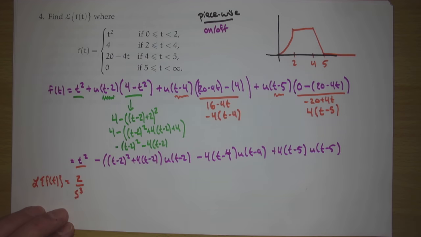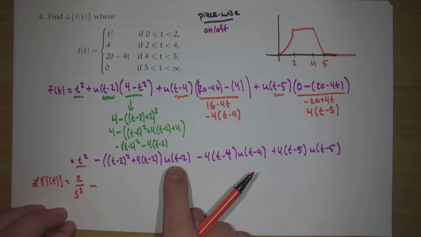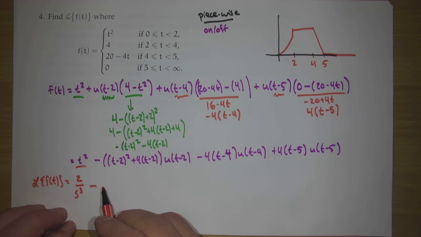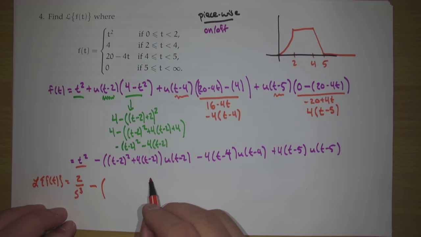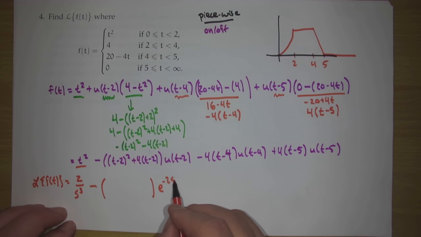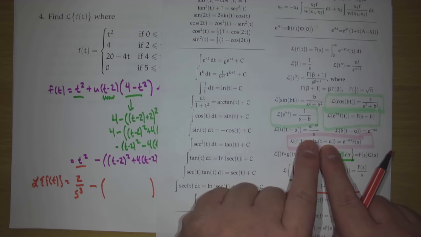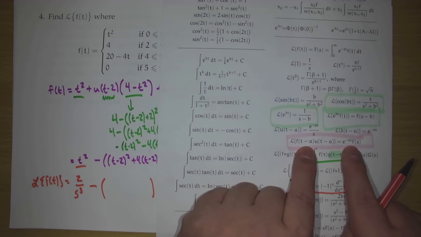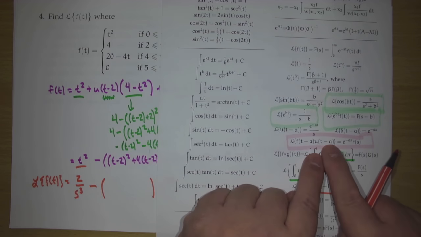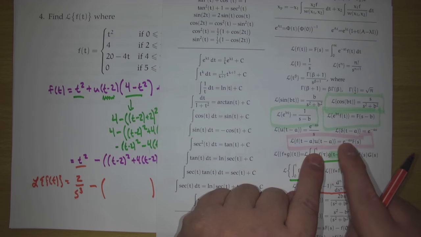So 2 over s cubed, minus, the u of t minus 2 tells us we're going to have an e to the minus 2s. So we're coming back to our rule. If we ever have u of t minus a times f of t minus a, we're going to have an e to the minus as. So the minus 2 inside the u of t minus 2 matches that minus 2 up in the exponent, e to the minus 2s.